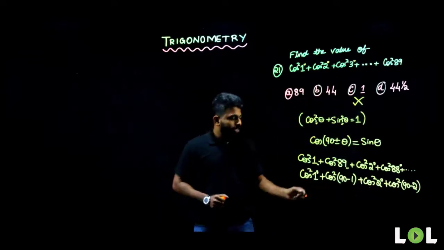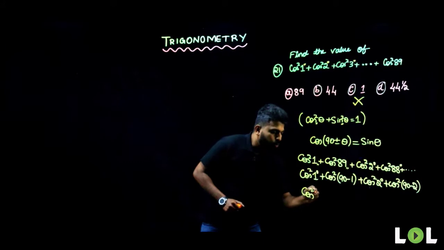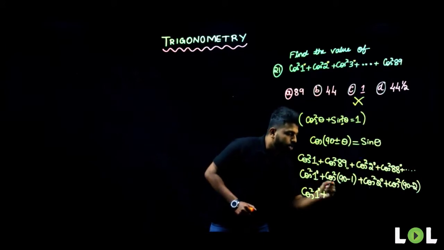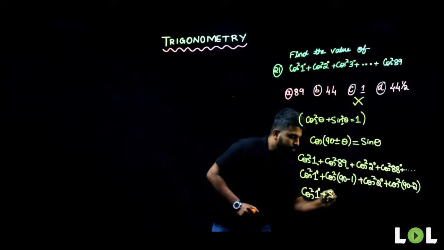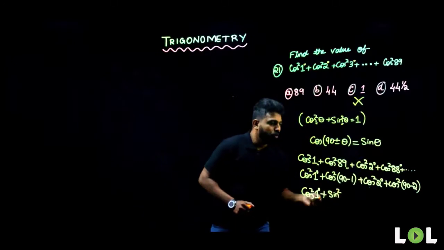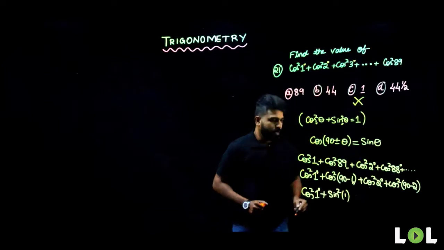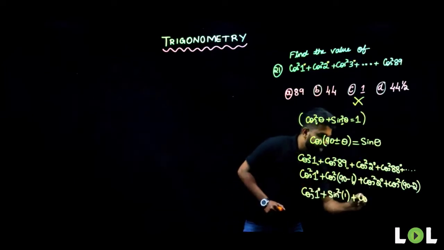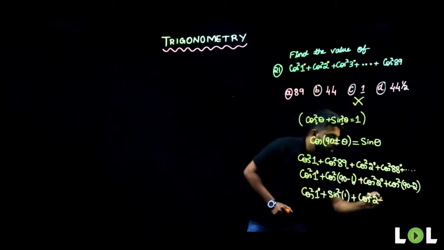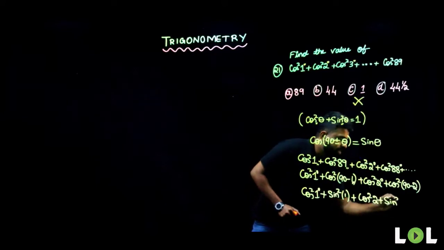Now, what is the value that we have here? We'll have cos square 1 degree plus cos square 90 minus theta, which is nothing but sine square theta. What is the value of theta here? The theta is nothing but 1 degree. So, sine square 1 plus what will I be left with here? Cos square 2 plus sine square 2 degrees.